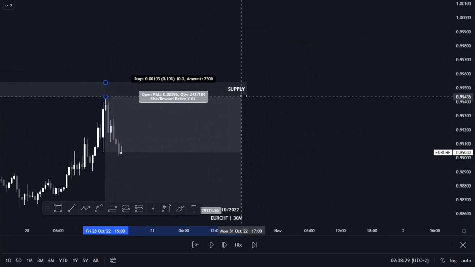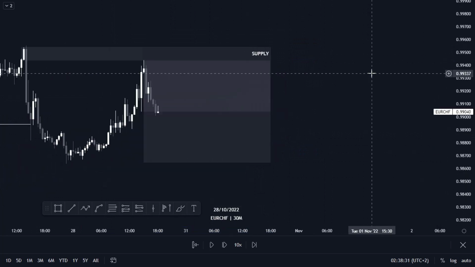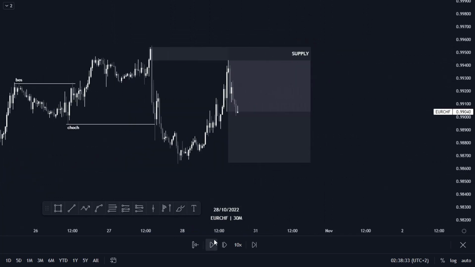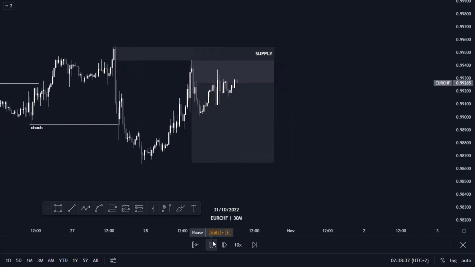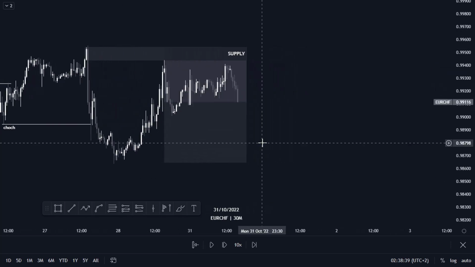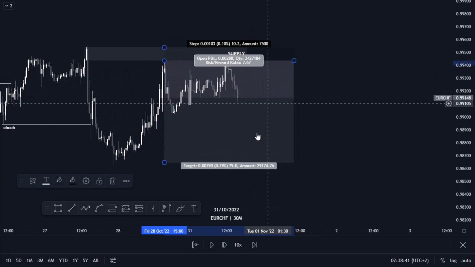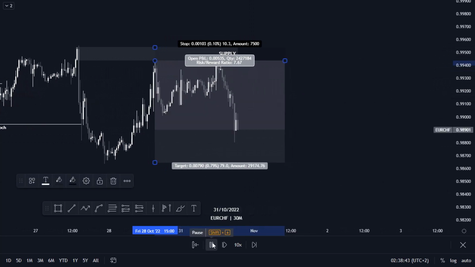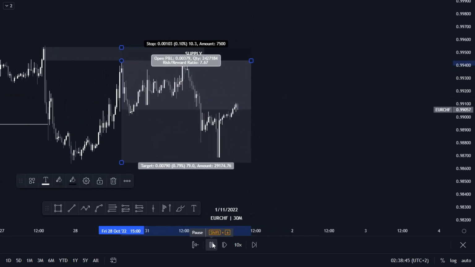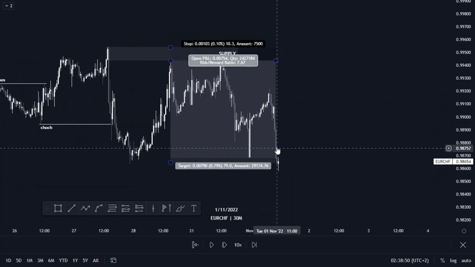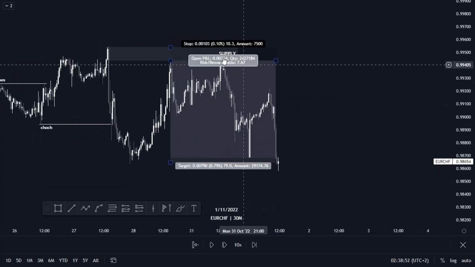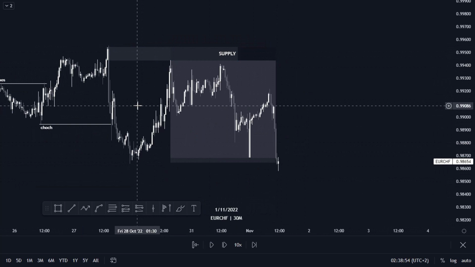Okay, so we can see that this is a zero drawdown trade, and price pushes to the downside beautifully. So okay, now you took this trade and you passed your account.